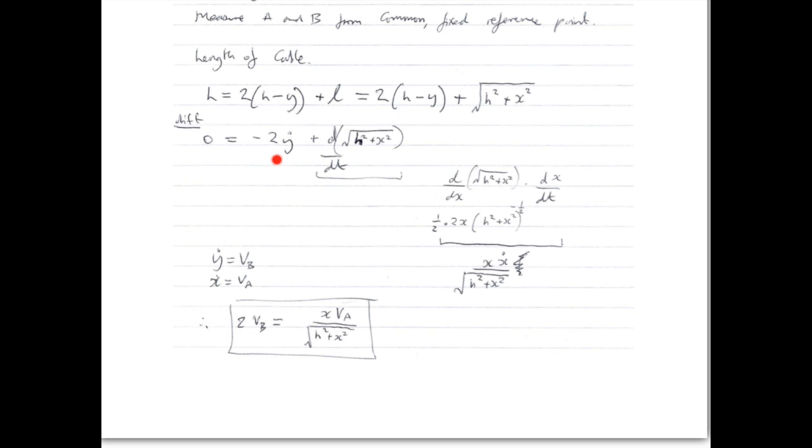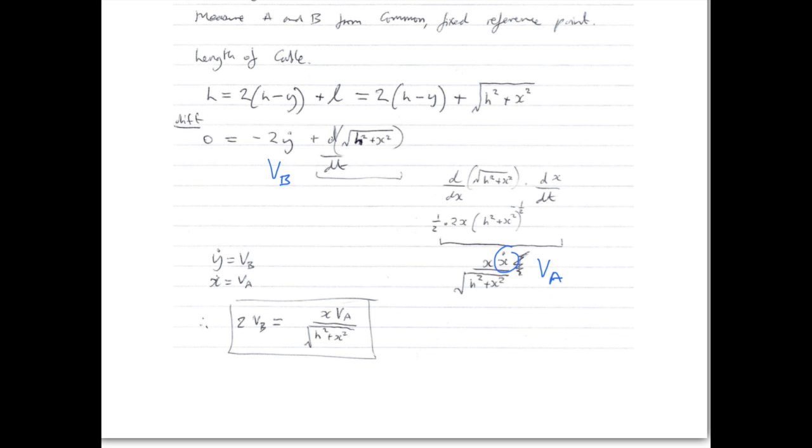So then you have the expression relating y dot and x dot, and of course y dot is VB and x dot is VA. That's the tractor going horizontally to the right, and this is the mass being lifted vertically upwards.